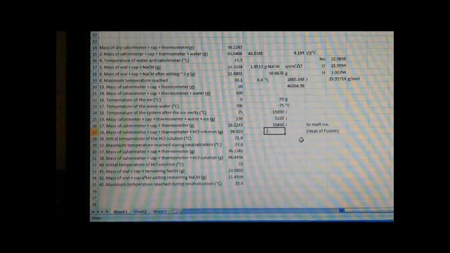So I take that value and divide it by my 50 grams, and that is my joules per gram, the heat of fusion for the ice, 209.2. And that will be positive.